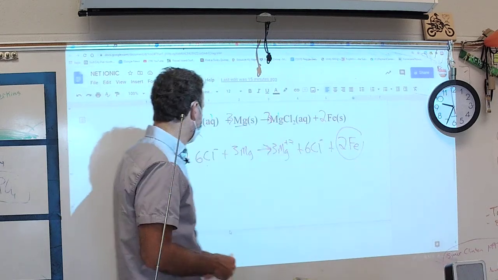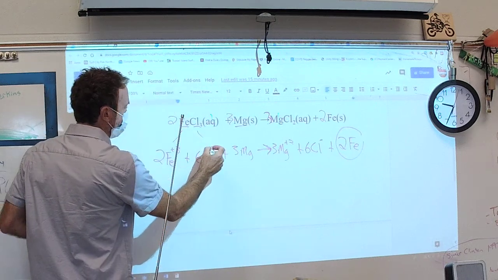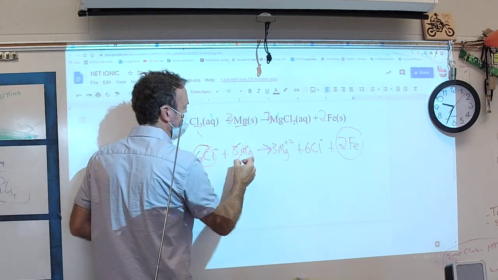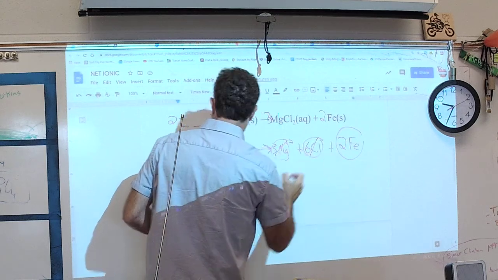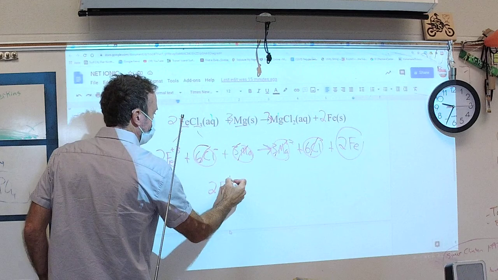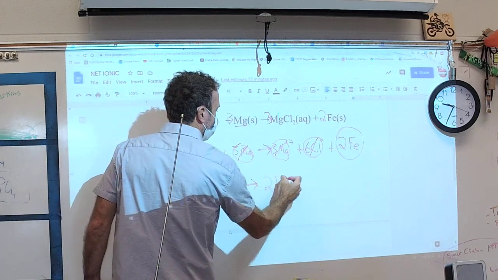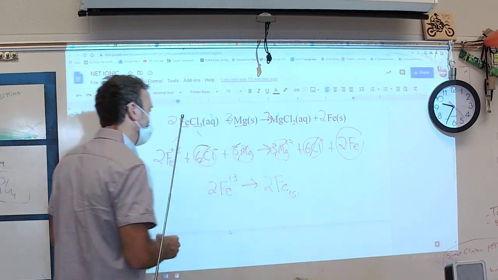Iron. So really, you Ghostbusters out everybody that's not iron. And the whole thing is 2 iron plus 3 atoms end up making just 2 iron atoms that are solid.